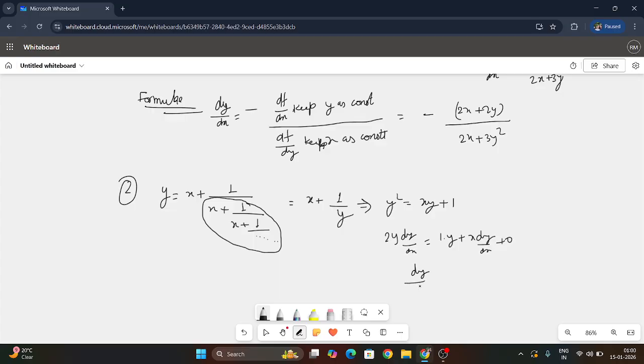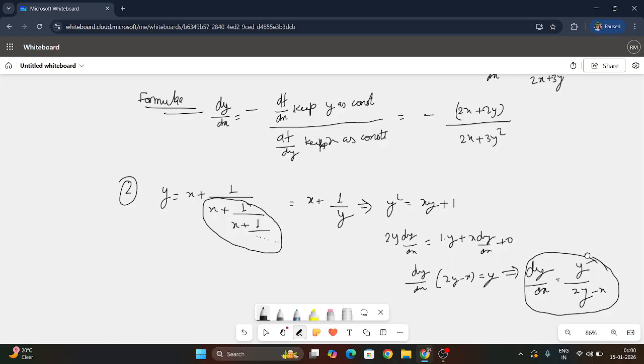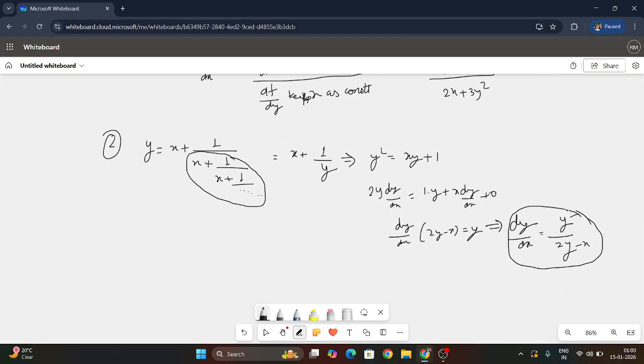Take the dy by dx common, and 2y minus x is equal to y. So you will get dy by dx is equal to y by 2y minus x. Okay, so this is the answer.